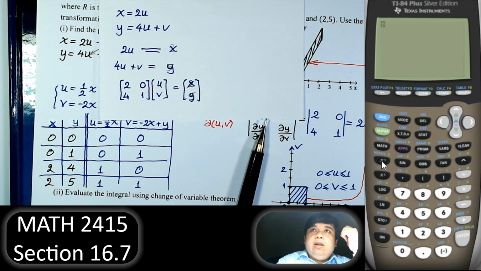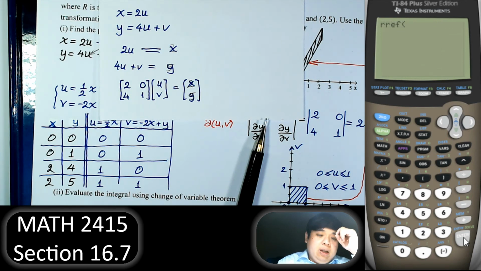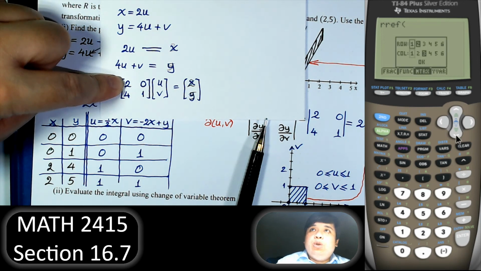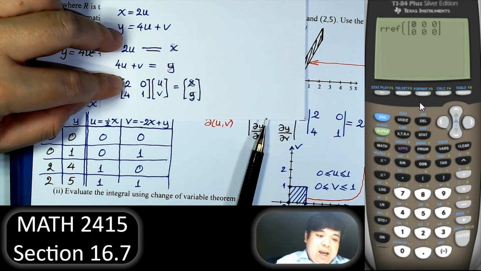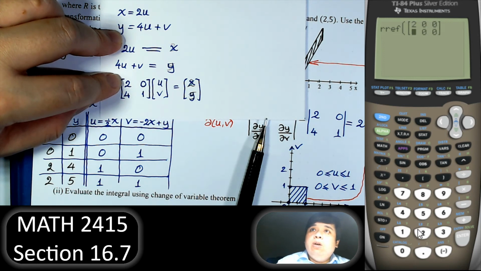Second matrix, go to math, and RREF. I believe I showed this one time in class, in one of those videos already. Now we just apply this to the matrix: alpha, zoom, 2 by 3, and the matrix is 2, 0, 4, and 1.